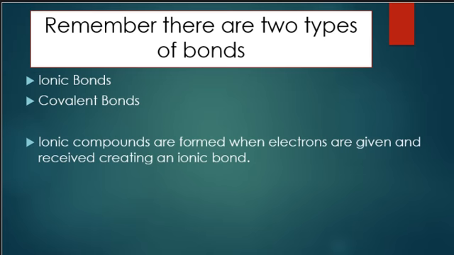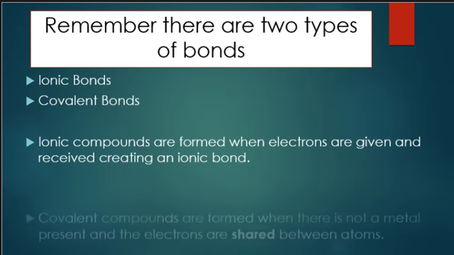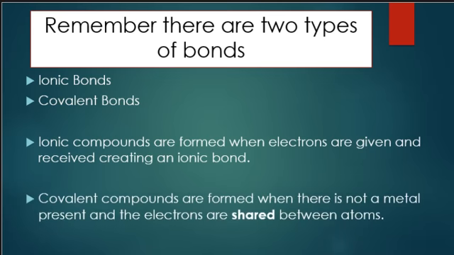Yes, those are ionic, creating ions that are attracted to each other. But covalent compounds are sharing. We're going to share electrons. That's basic chemistry right there. That's Alex Trebek on Jeopardy. Okay, you got to know those. Ionic is giving and taking. Covalent is sharing. Okay. All right.